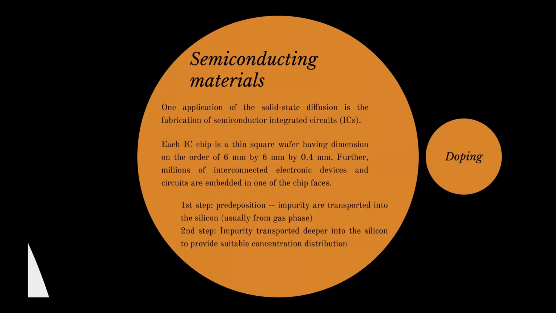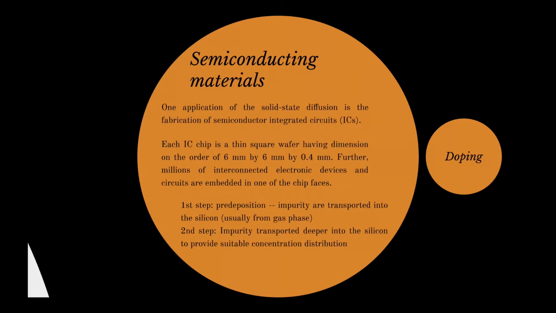We call this procedure chemical vapor deposition. So the gas will deposit onto the silicon wafer, which is the base material for semiconductors. In the second step, the impurity goes deeper. The temperature is heated once more, and then the impurity goes inside. The impurity will affect the semiconductor because it will affect the behavior.